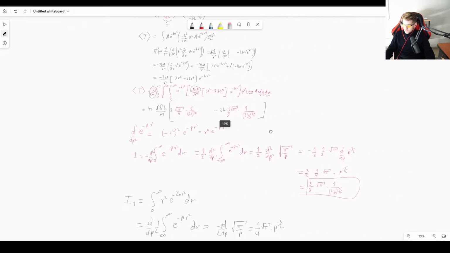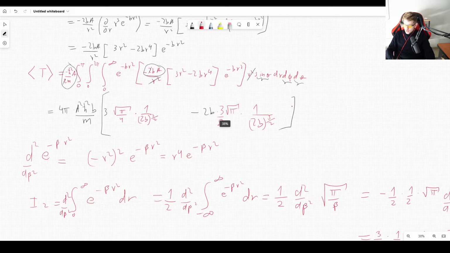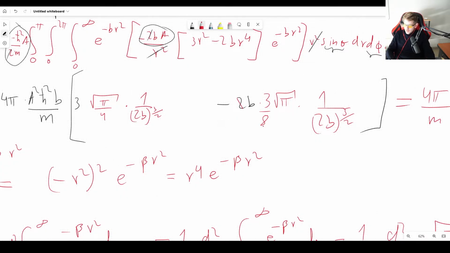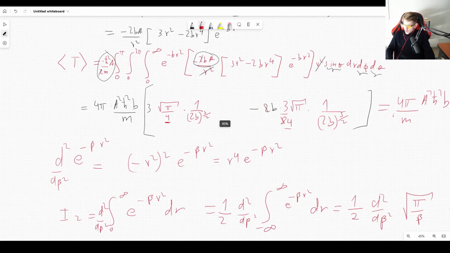Okay, so let's now go to the right and notice we can factor out quite a few things. So we already have this 4 pi over m and a squared h bar squared b, but we can also factor out a square root of pi, and we can also factor out, let's see, if we cancel this 2 with this, we are left with a 4, which we can then factor out. So we can factor out a 1/4.